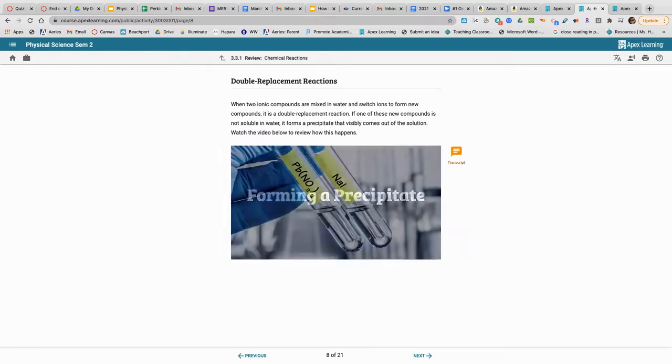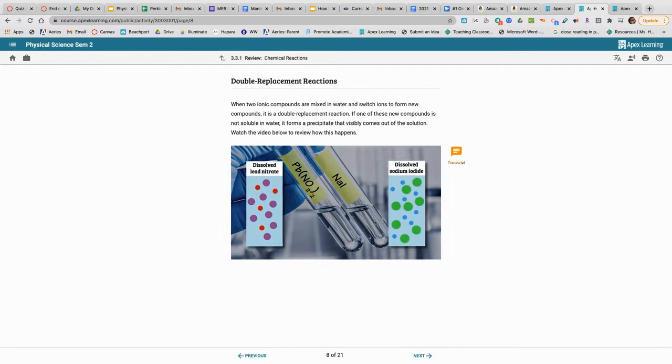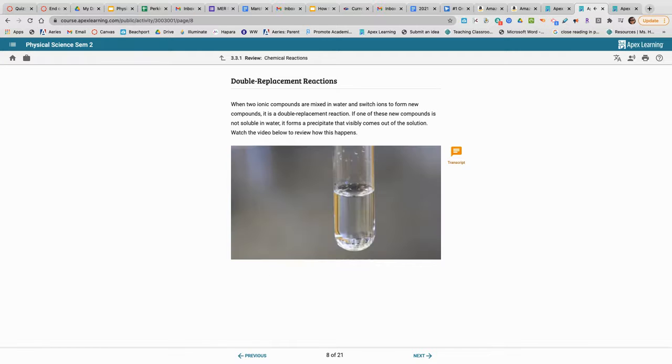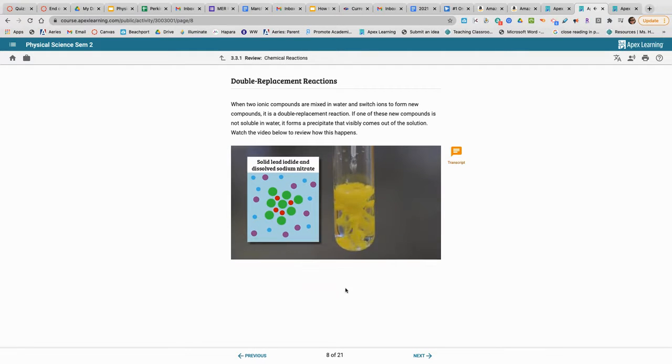Forming a precipitate. Lead-2 nitrate and sodium iodide are both soluble. They dissolve in water to make colorless solutions. In each solution, the negative and positive ions are separated from one another and surrounded by water. When the solutions are mixed together, an insoluble yellow solid forms. This precipitate is lead iodide. It forms because the lead ions and iodide ions are attracted to each other in the solution and form an insoluble solid.